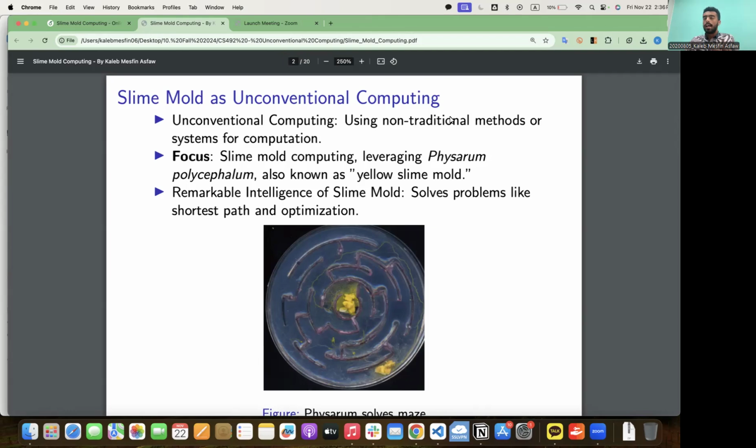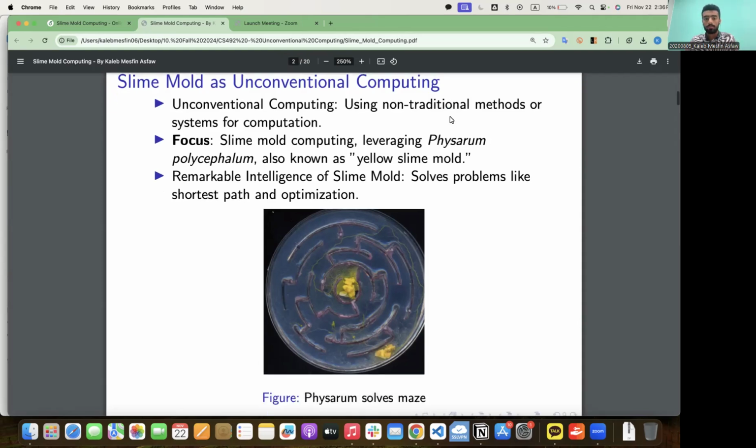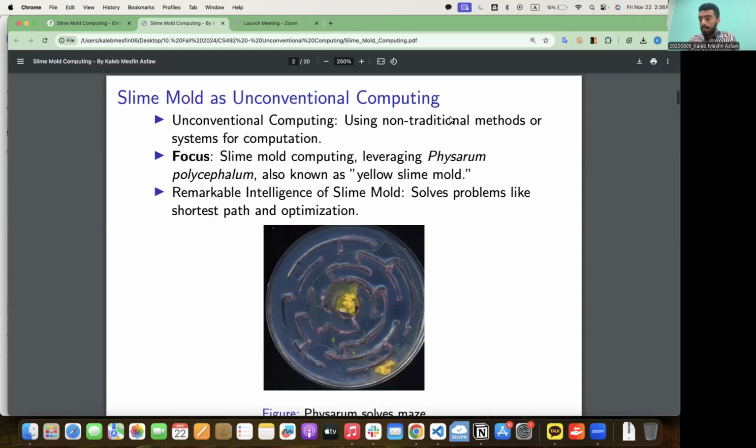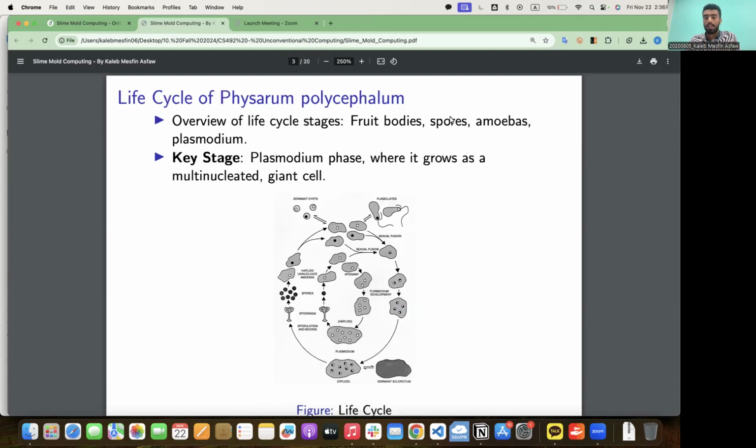It does so in a way that mimics tasks like finding the shortest path in a maze and optimizing the layout of a network. By observing the natural behavior of slime molds, researchers were able to discover that such simple organisms can perform very interesting and rapid computations.